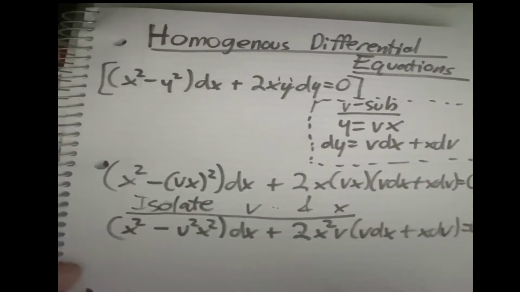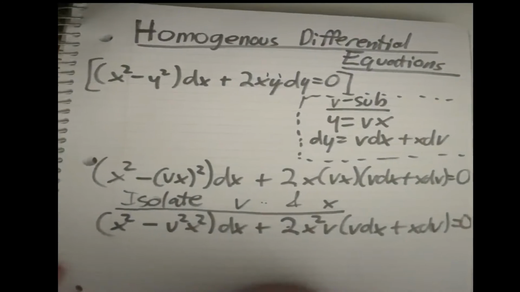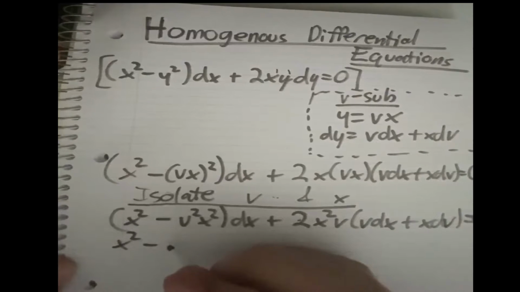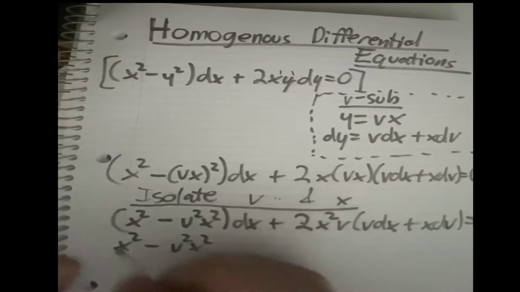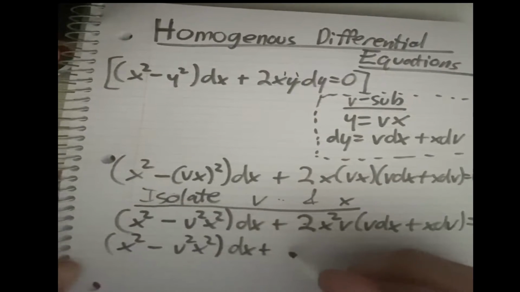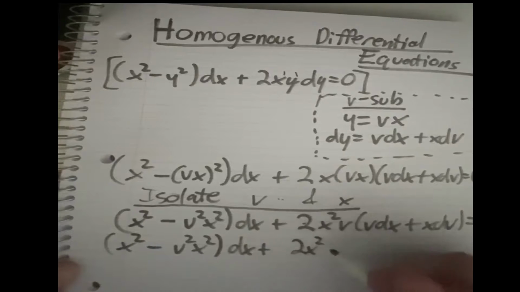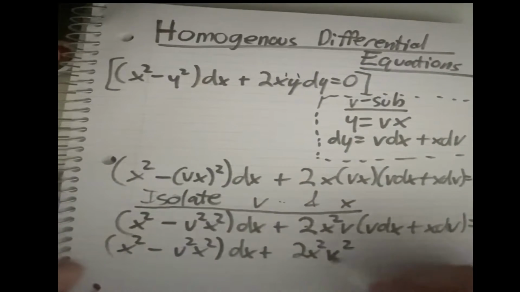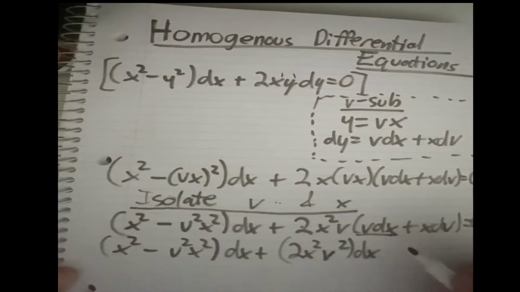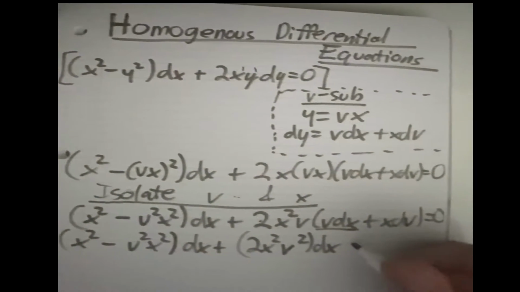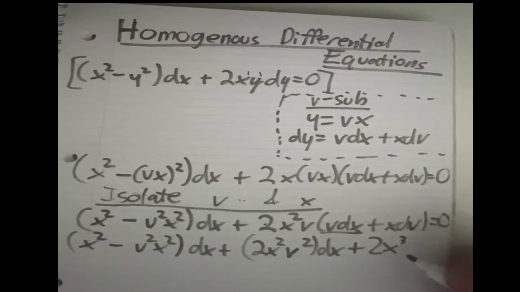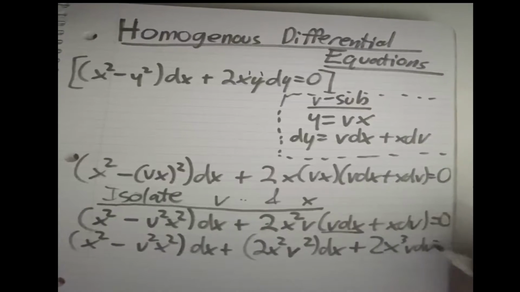Now the next step would be to apply further distribution. So x squared minus v squared x squared dx plus 2x squared v squared dx, because I'm distributing it with this term, and now distributing it with the next term, we would do plus 2x cubed v dv is equal to 0.